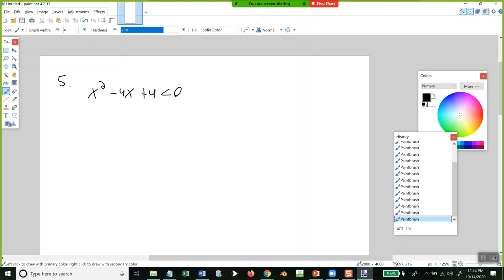Step 1, get everything on the left side, 0 on the right side. That's done. Step 2, set the left side equal to 0 and solve it.